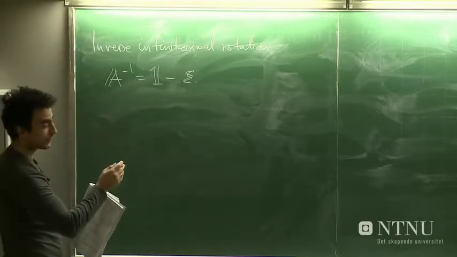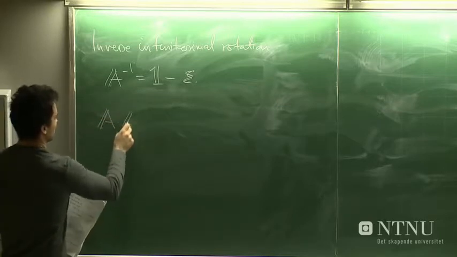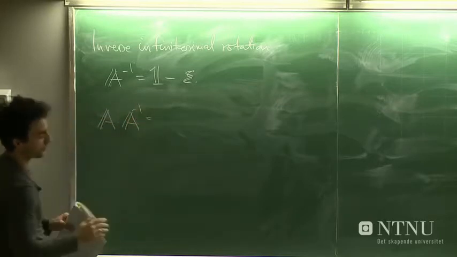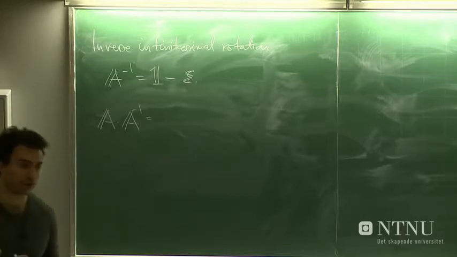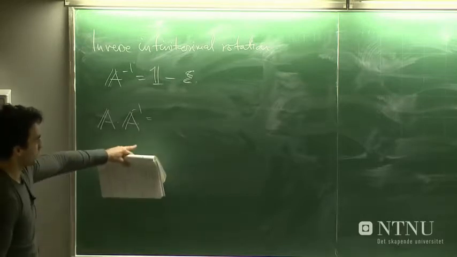And to see this, we can consider the product of the transformation A and the inverse transformation, because we know that this should be equal to 1.